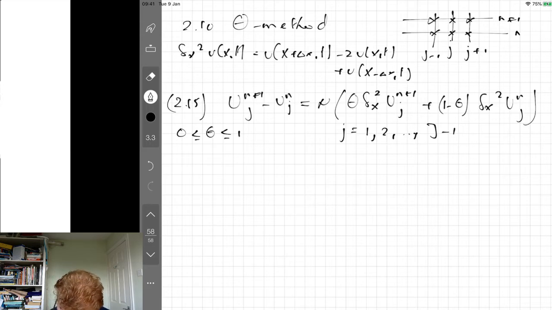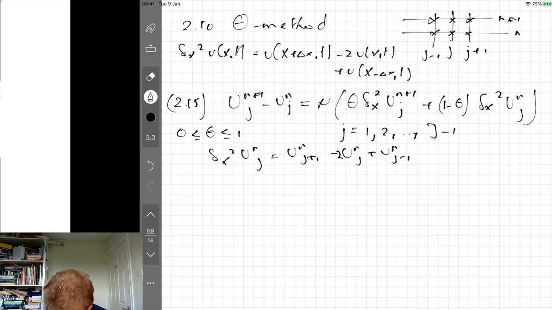Now for theta is 0, 1 minus theta becomes 1, and that means that we only have terms in the past. Now recall that this delta x squared of u n j is u n j plus 1 minus 2 u n j plus u n j minus 1. So that's the difference stencil of the second order operator.